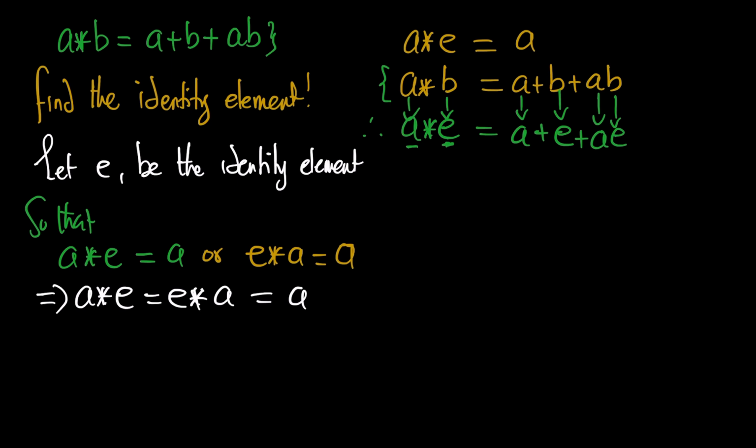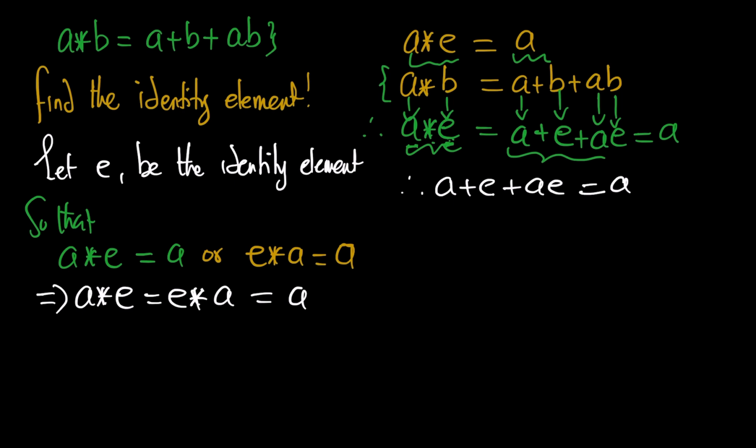Once we've been able to get this so far, we should know that this A star E that we've written here should always be equal to A, because we said A star E is equal to A. Therefore, A plus E plus AE is equal to A. Now remember, we're interested in the identity element, so E stays here, plus AE stays here.